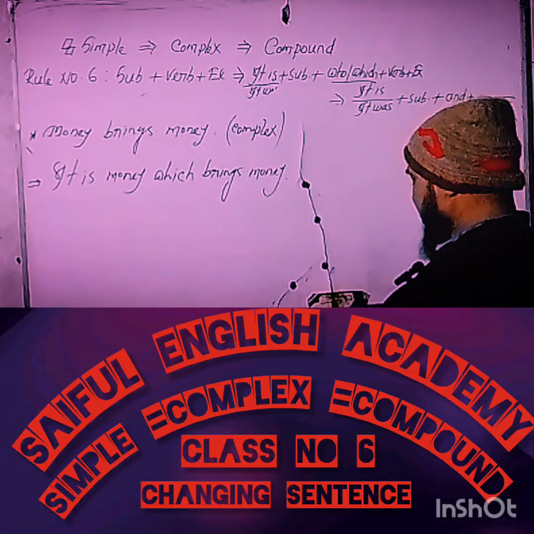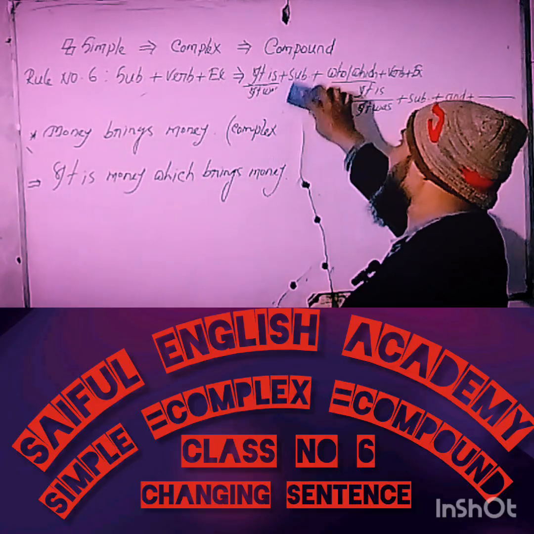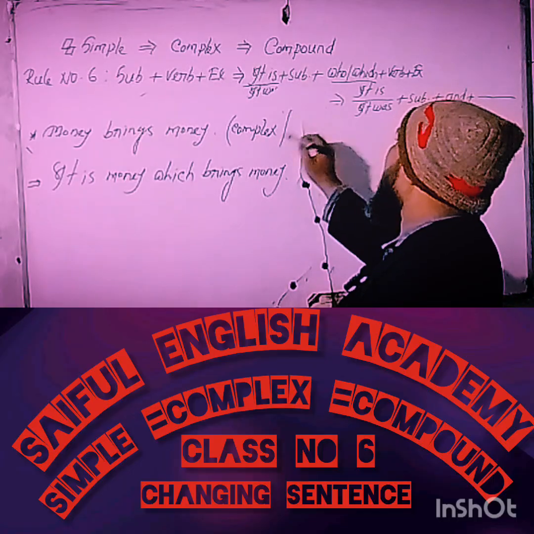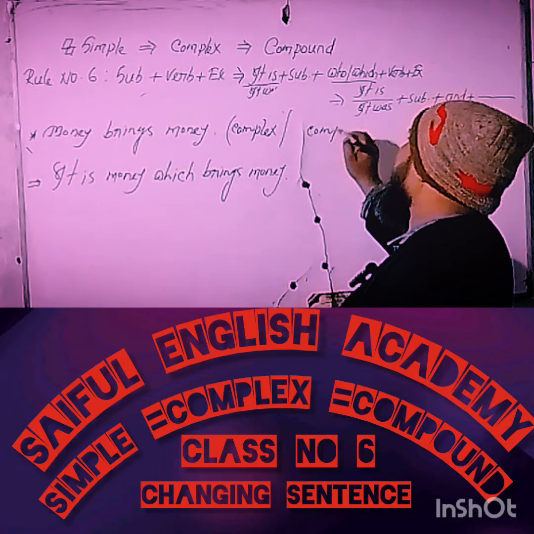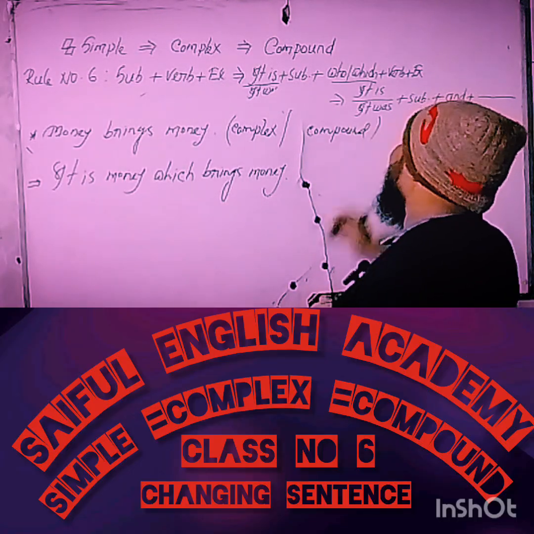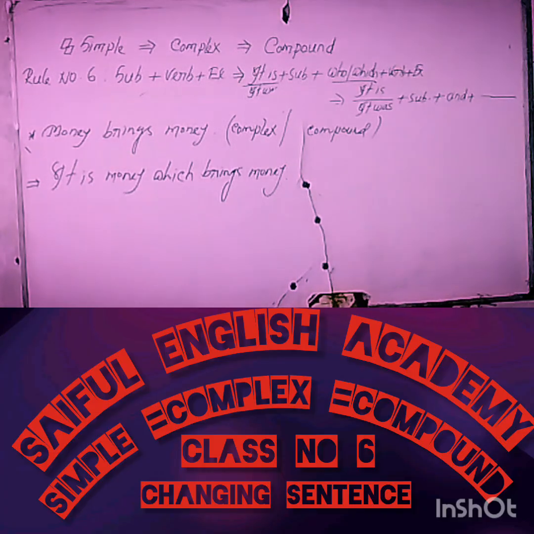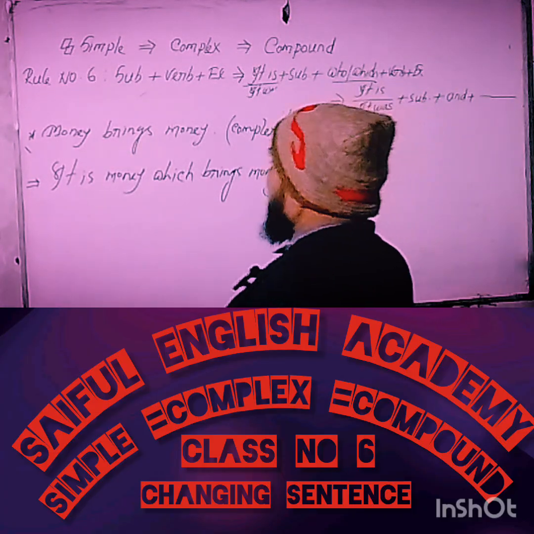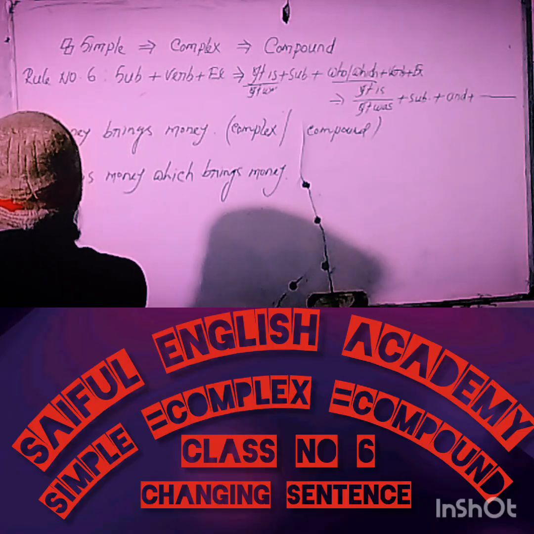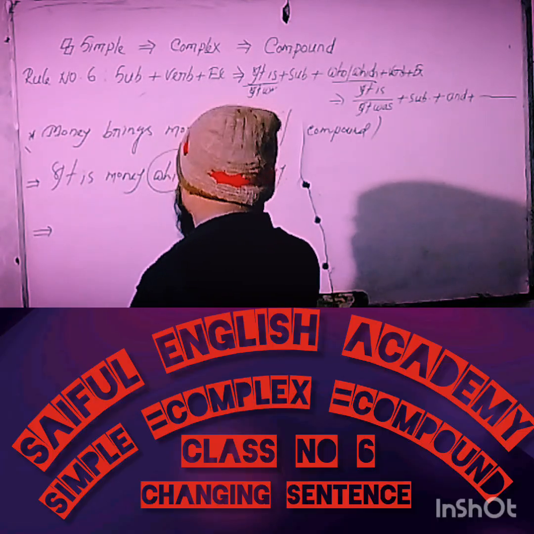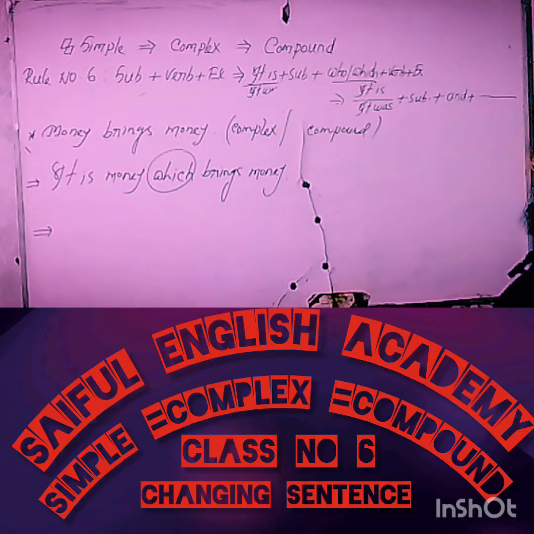Okay, suppose you are told to change the statement into a compound sentence. What steps should you take in this case? Mind that, my dear learners, in this case you will have to use "and" instead of the relative pronoun, keeping all the word patterns.